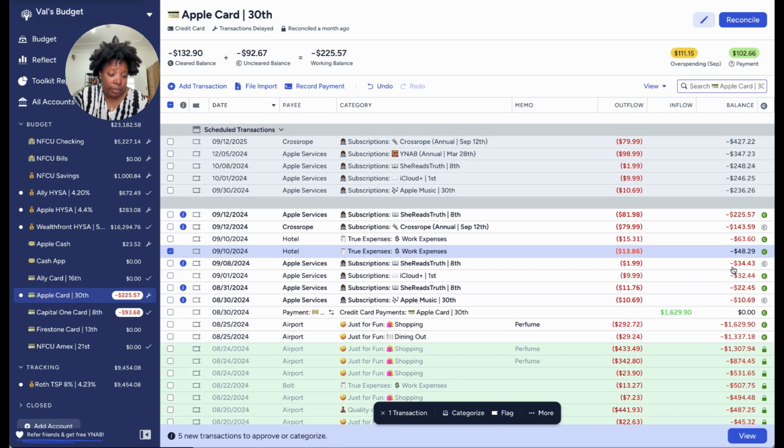And then we have Apple Card, $81.98. I don't understand this one.